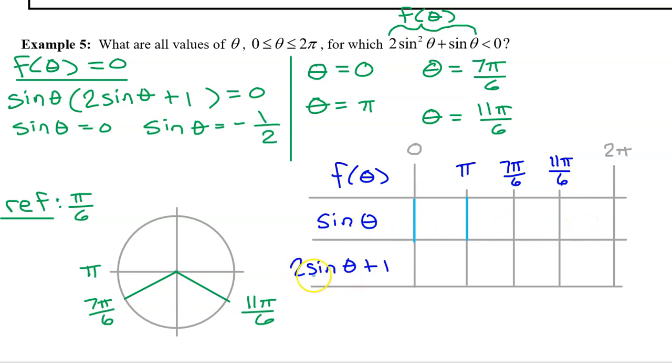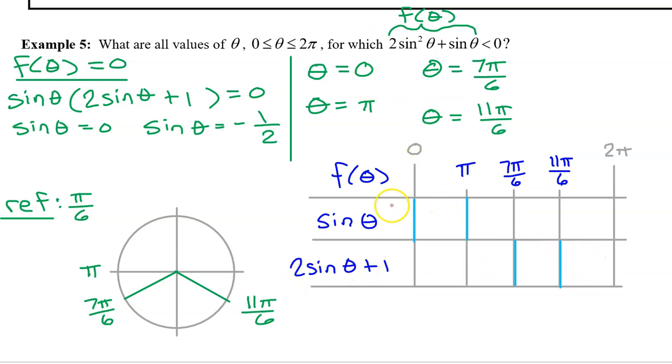Now, how about the 2 sine theta plus 1 row? That factor led to the equation sine theta equals negative 1/2, which had the two solutions 7 pi over 6 and 11 pi over 6. So on this row, I'm going to highlight 7 pi over 6 and 11 pi over 6. These are the only two places where this factor might change signs.